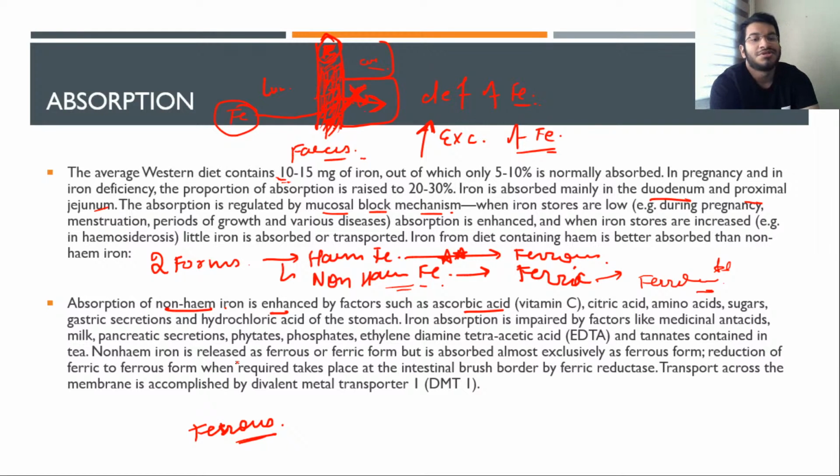Because these all will block the conversion of the ferric to ferrous, and if your non-heme iron is in ferric form, then it is not absorbed, it cannot absorb, right?